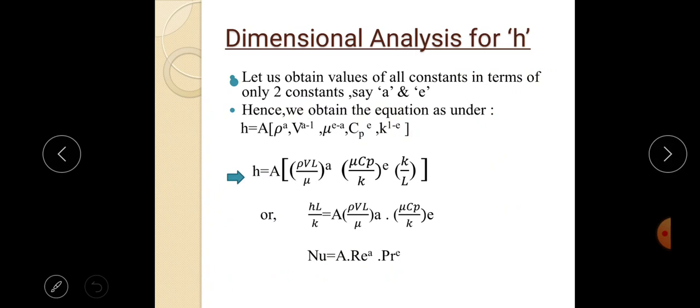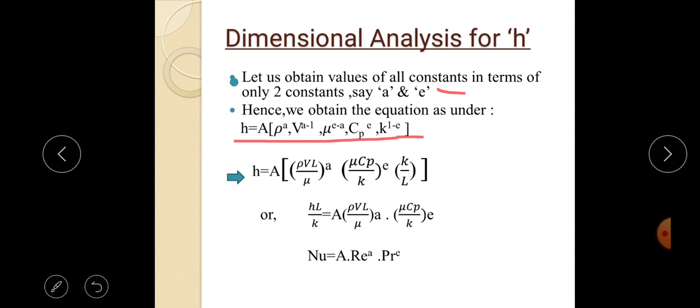Now let us obtain values of all constants in terms of only two constants, say a and e. So the equation will be something like this: h is equal to A, which is the dimensionless constant, of course, as I have discussed earlier also.